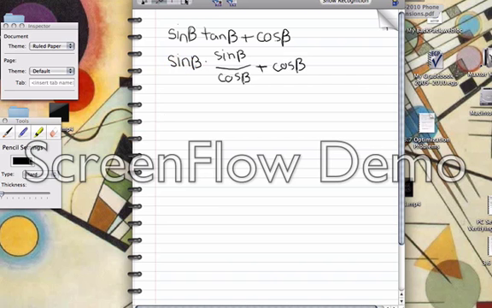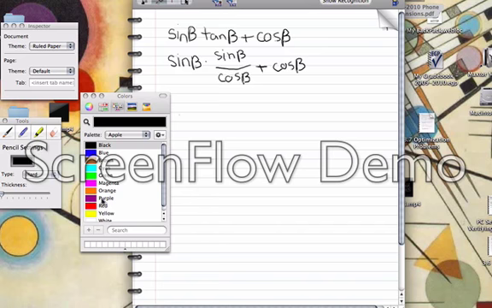That way it's a little easier to see what's going on. So let's see if I can do this. I'm going to show you how everything is a fraction here. This sine beta, I can write that as sine beta over 1 times sine beta over cosine beta plus cosine beta over 1. So when we do this, it might be a little easier to see what's going on.